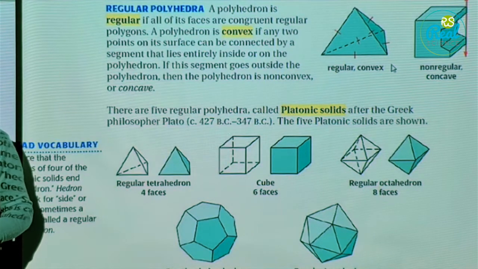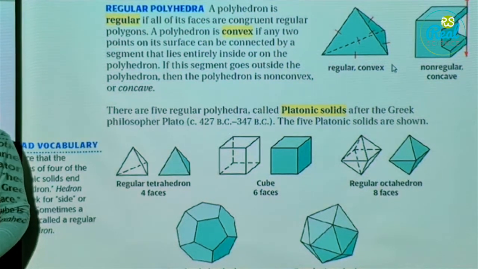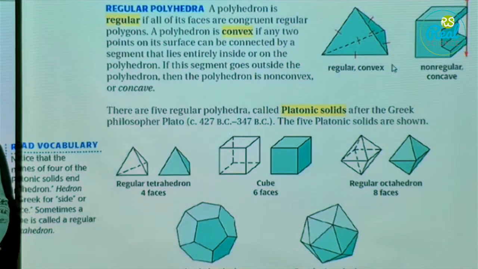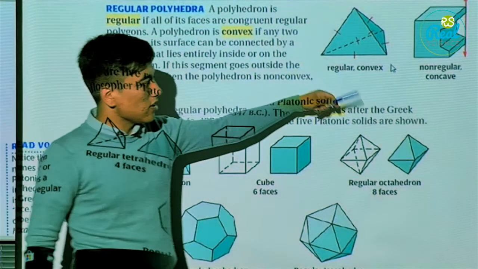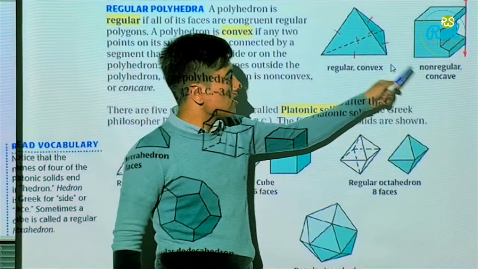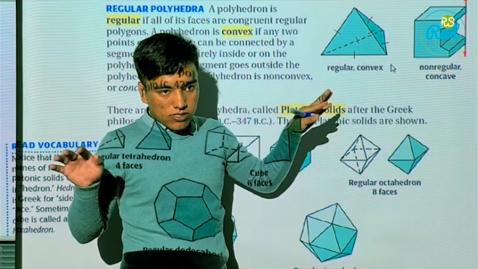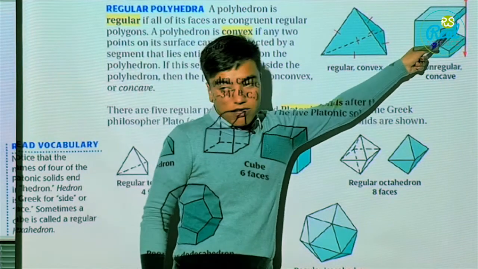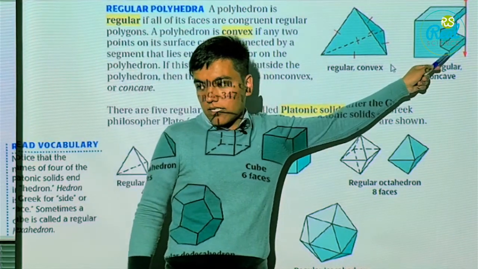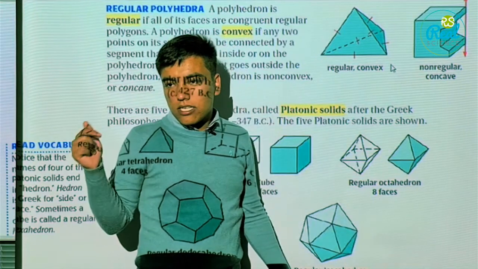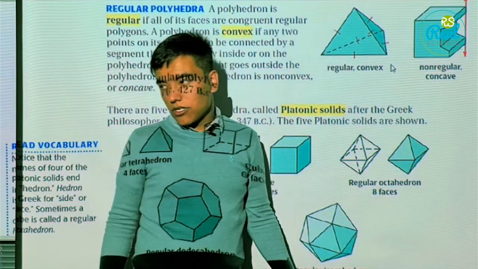In this case, all edges are equal. Irregular, all edges are not equal. Regular convex, non-regular concave. You can see here all angles are directed outside, and here there are angles which are inside of the figure. Yeah?